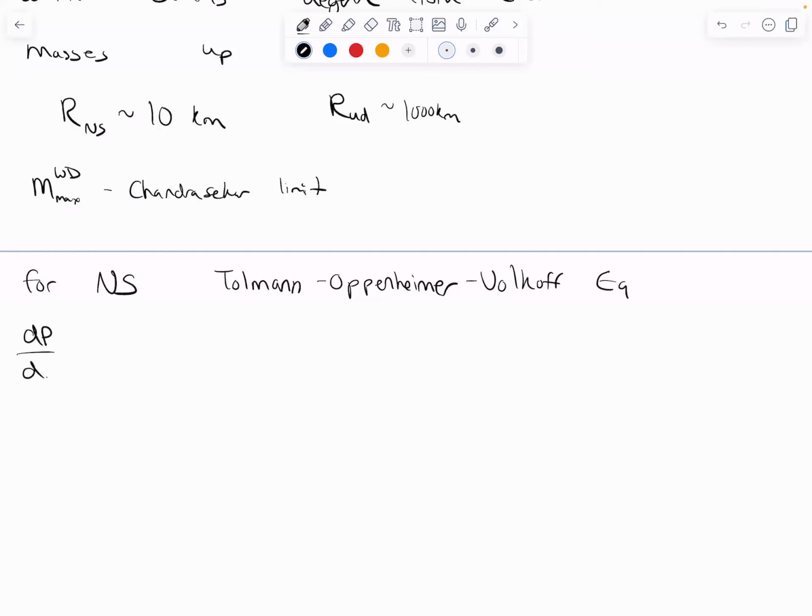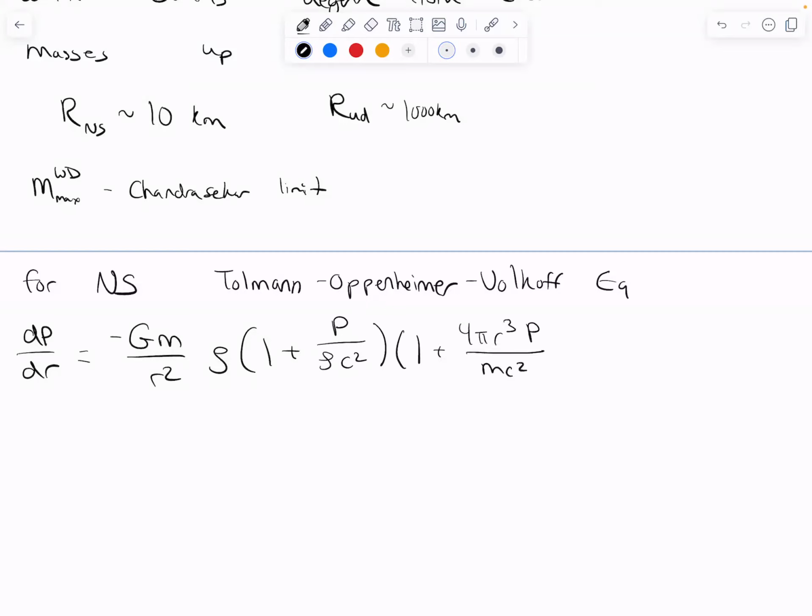You have dP/dr equals negative G M over r squared, rho, times 1 plus P over rho c squared, times 1 plus 4 pi r cubed P over M c squared, times 1 minus 2GM over r c squared, to the minus 1. And the mass actually is the same.